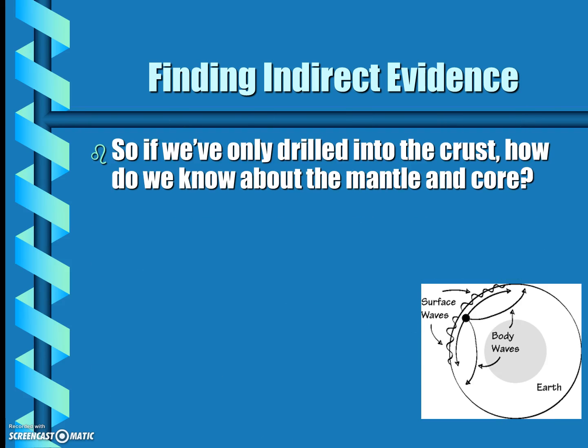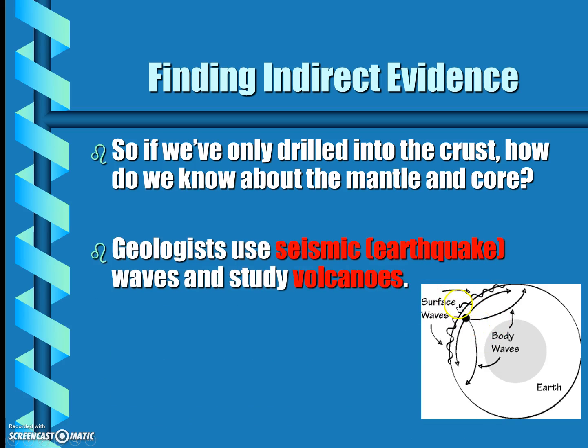So if we've only drilled into the crust, how do we know about the mantle and the core? Very good question. It is because of these waves that we call surface waves and body waves. Geologists use seismic waves, which we can get from earthquakes, to study volcanoes and things like that.